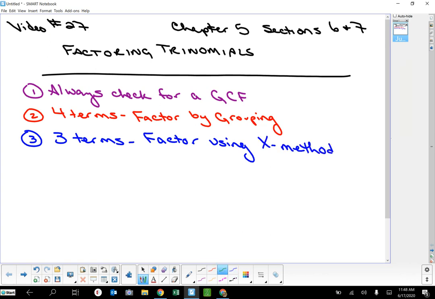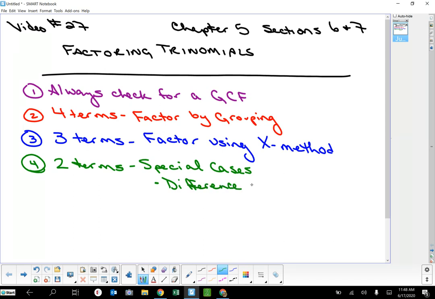And what's going to be coming up in the next video is if you have 2 terms, we have what are called special cases. That is factoring by difference of squares. Actually, that'll probably be its own video. And then we have sum and difference of cubes.